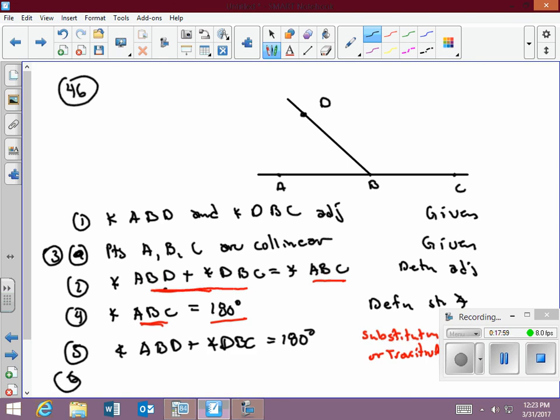And then you'd say therefore, because this is what you're trying to prove, angle ABD and angle DBC are supplementary. And what would be the reason for that?